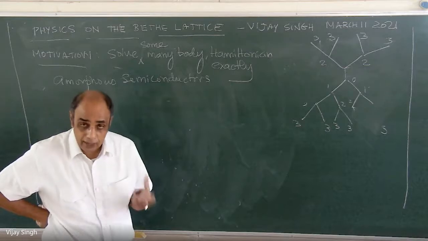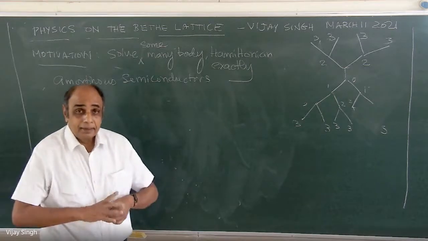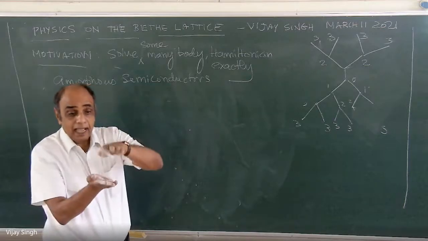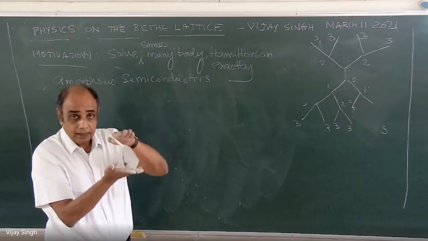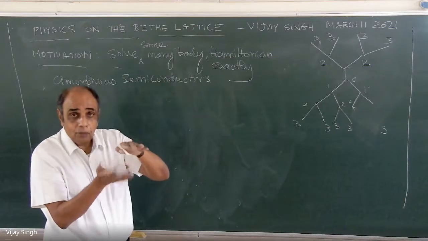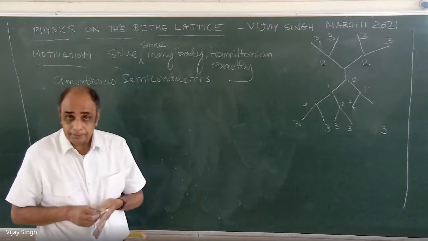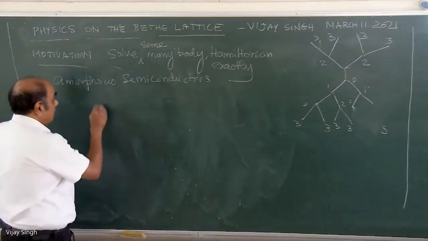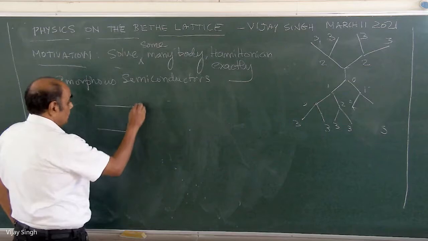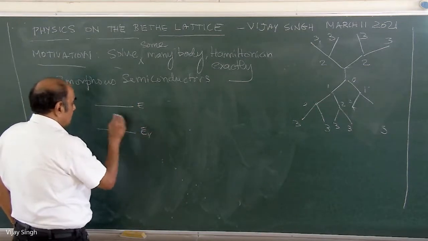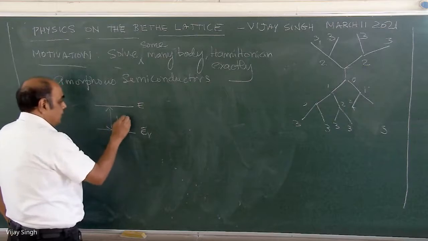Because they could be doped, people thought they could be used for some kind of technology. But the point was, a semiconductor has a gap of 1 eV. If you make it amorphous, people thought the whole thing would get so disordered that there would be no gap. A regular crystalline semiconductor has a gap: this is the conduction band, this is the valence band, and this is approximately 1 eV.